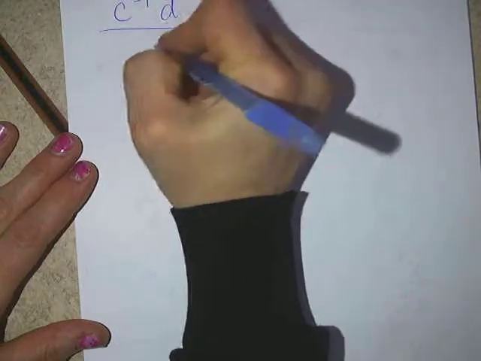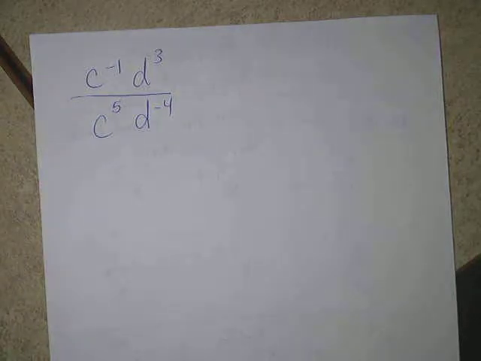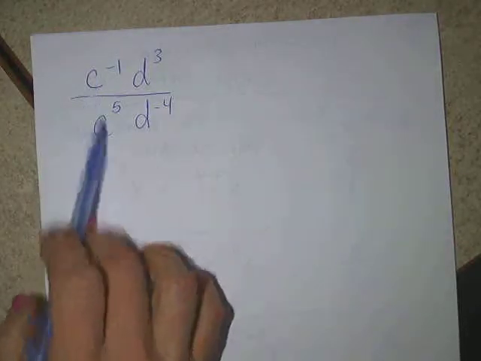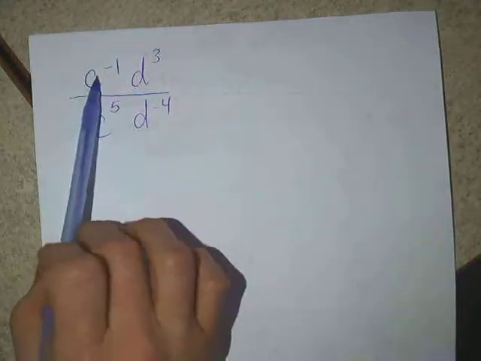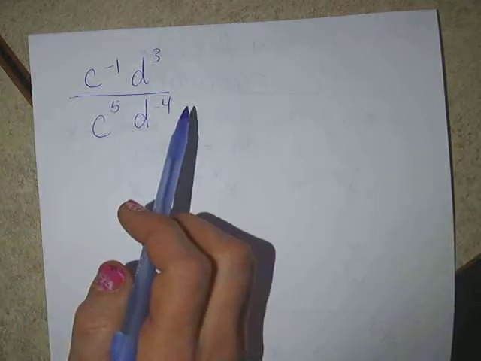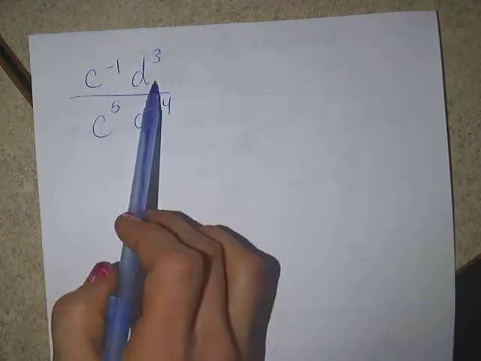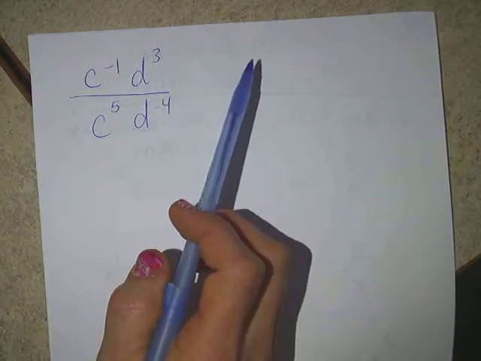Now, you do have to be organized because when we have something like this, it does start to get more involved because now you have more than one base. You're not going to be able to combine these all into one because one of your bases is C, one is D. What I would suggest is make sure your tops are combined into only one of each.